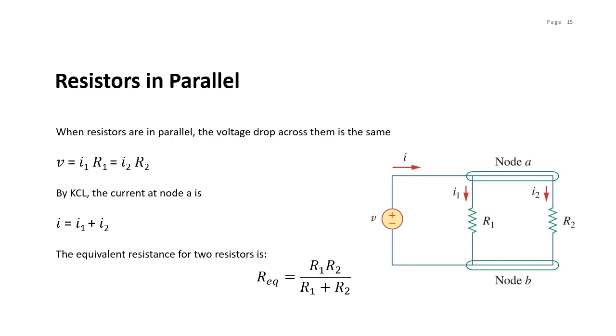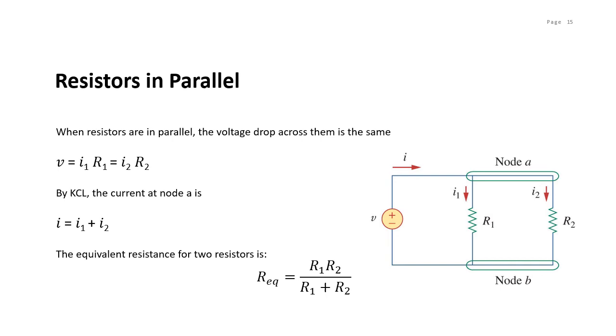From these two equations we can get the equivalent resistance of the resistors in parallel. Thus the equivalent resistance of two parallel resistors is equal to the product of their resistances divided by their sum, as shown here at the bottom.